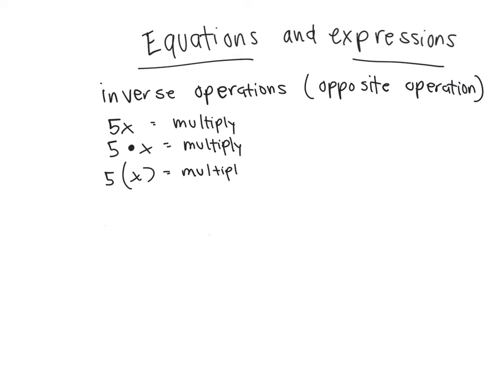And the reason why, if you remember, we said that sometimes we don't like to use the times sign, because the x of the times also looks like the x of a letter when we're using algebra. So instead we use other symbols so that we know. Again, a letter touching the number, a dot, or parentheses means multiply.